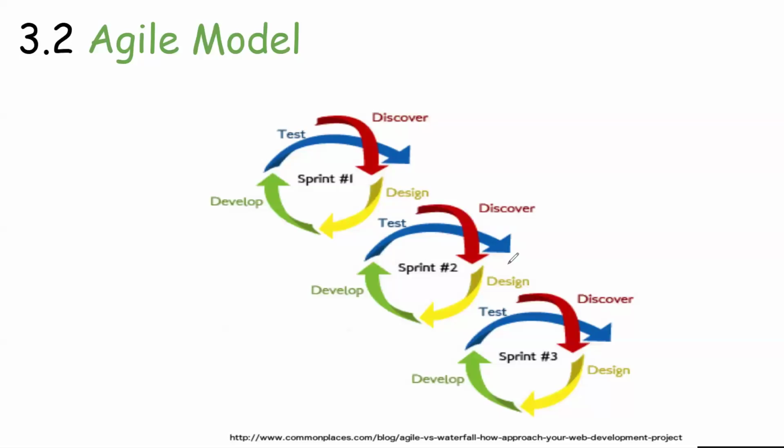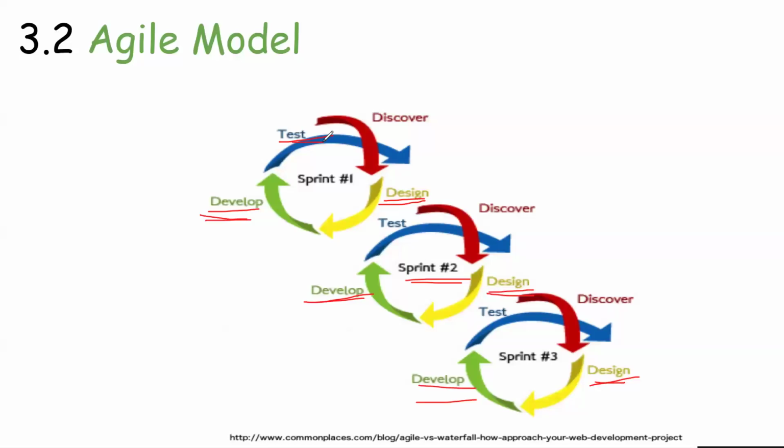100% of the employees should be engaged. So what will happen: once the design is complete, automatically the designers will be engaged in sprint 2, and once that is complete, the designer is engaged in sprint 3. The same way developers: once development is complete in sprint 1, automatically the developer is assigned to sprint 2. The same way testers also.